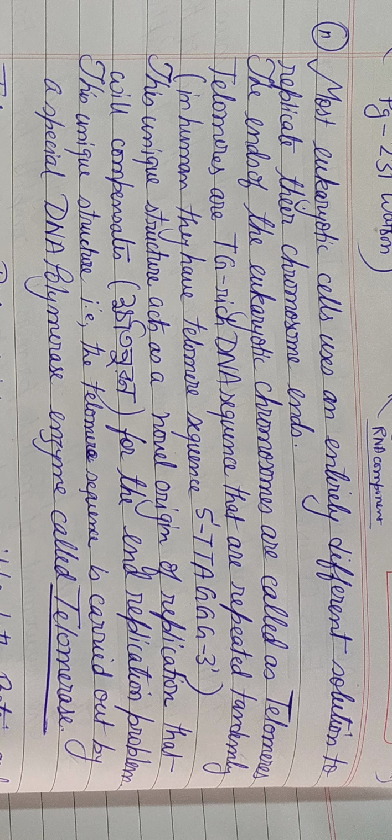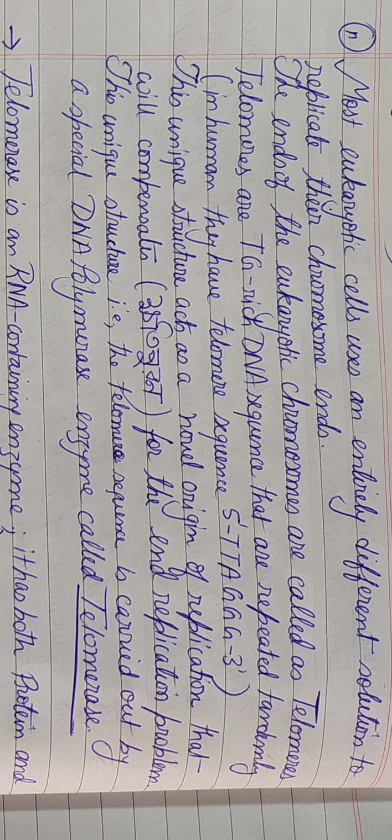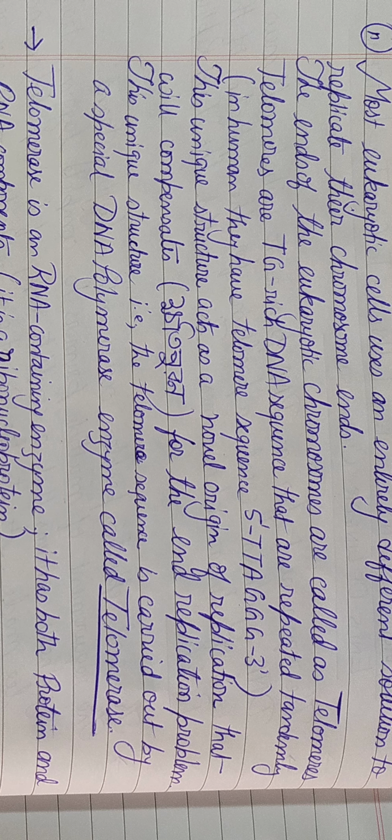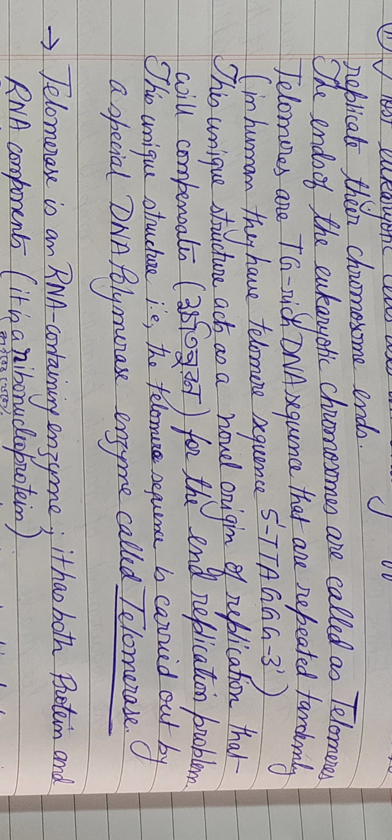It will try to overcome that mistake by adding this telomere sequence. And based on the telomere sequence, finally the DNA polymerase will be able to synthesize the last nucleotides at the end of your chromosome.